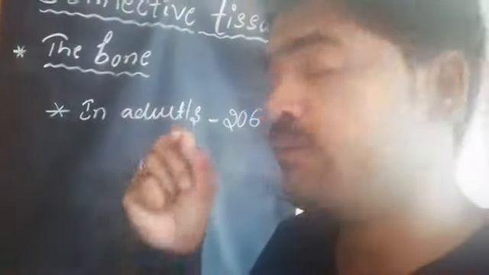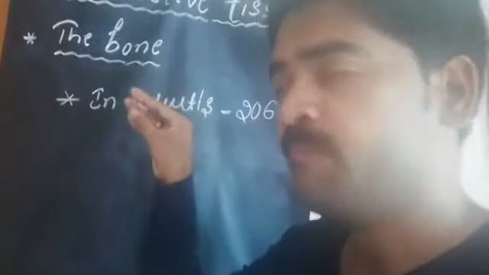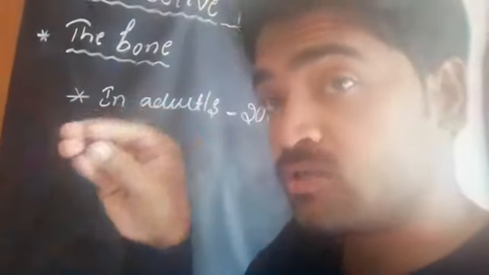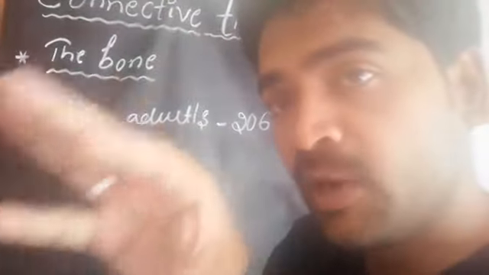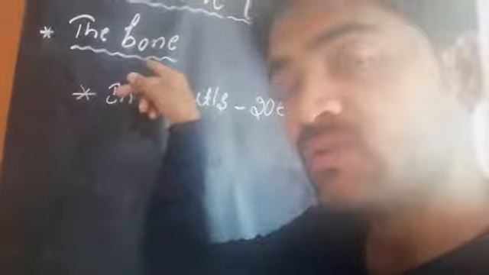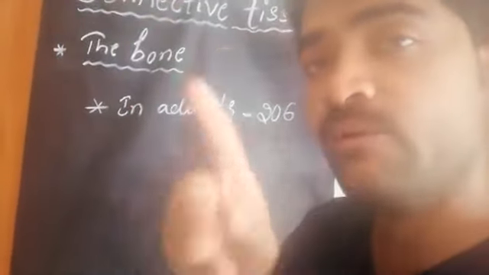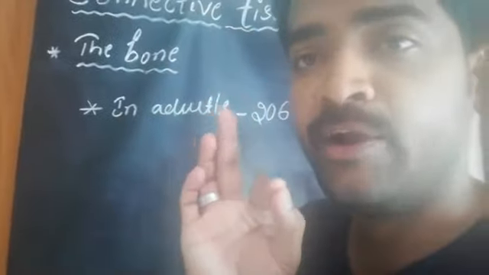Already we said that the bones are connected with the muscles. Muscles are also connected with the bones. So here we need one material that attaches the muscles to the bones. Here we see one more type of connective tissue, that is called the tendon.